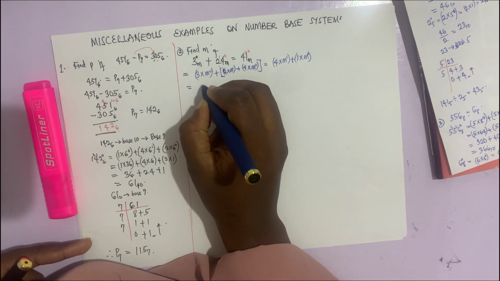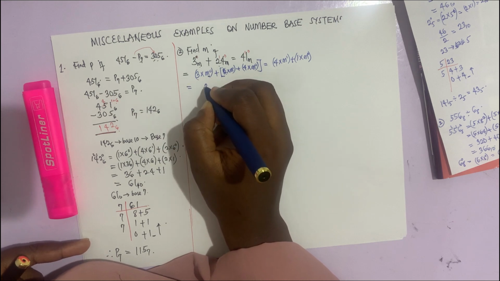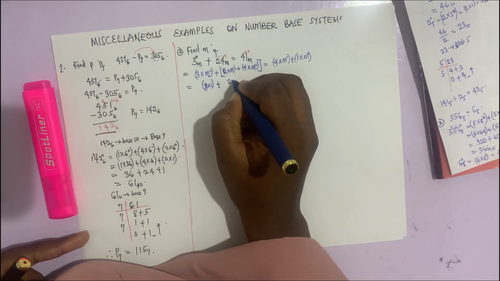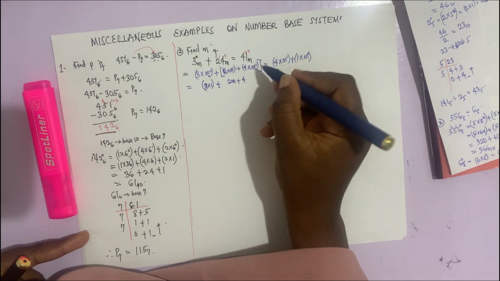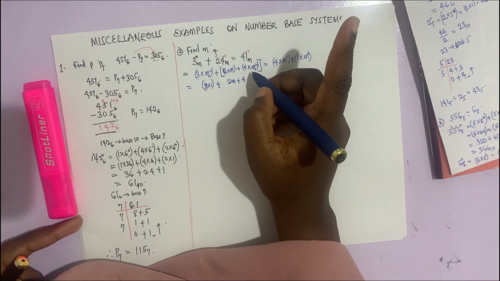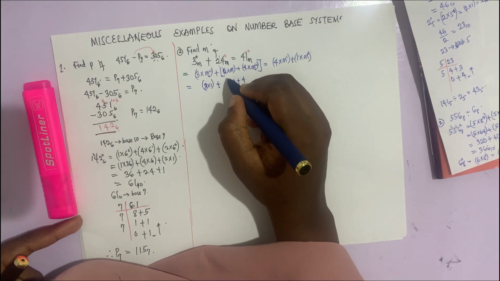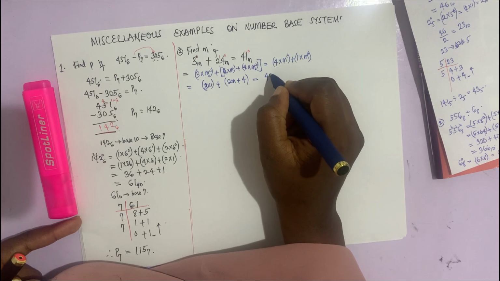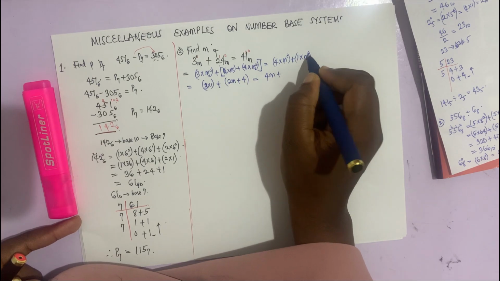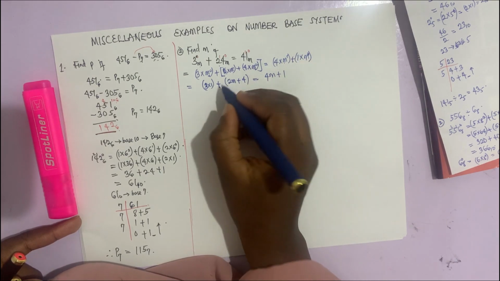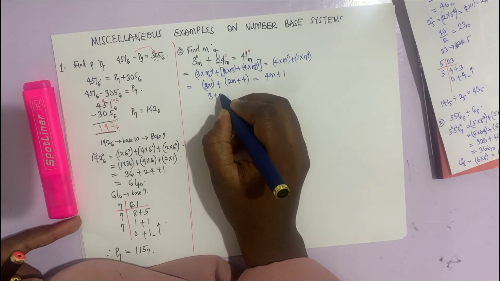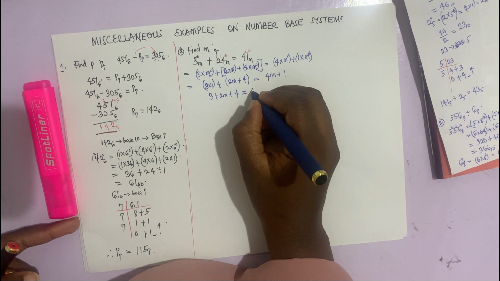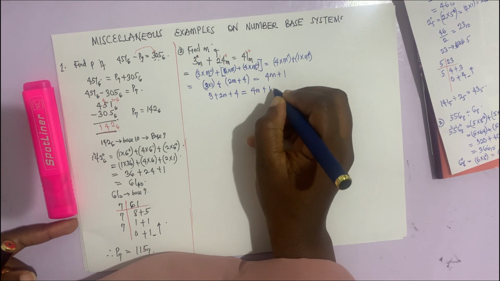So m raised to the power 0 is 1. So 3 times 1, plus 2m, plus 4 times 1 is 4, equals 4 times m, which is 4m, plus 1 times 1, which is 1. So this will give us 3 plus 2m plus 4 equals 4m plus 1.